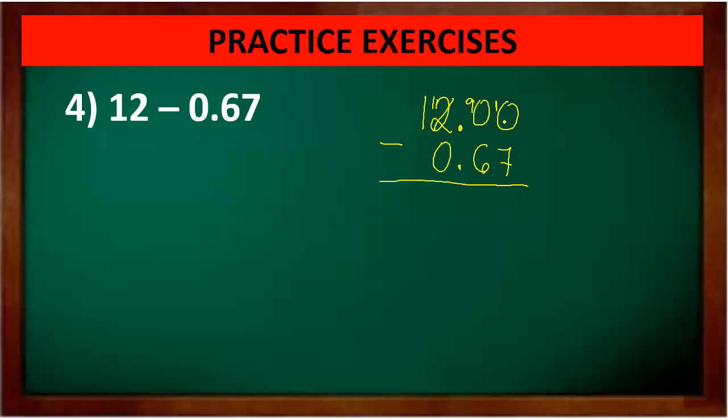So, 10 natin dito, 10 minus 7, that is 3. 9 minus 6 is 3. Then this is 1. 1 minus 0 is 1. 1 minus 0 is 1. Therefore, 12 minus 0.67 is equal to 11.33. Very easy. Okay?